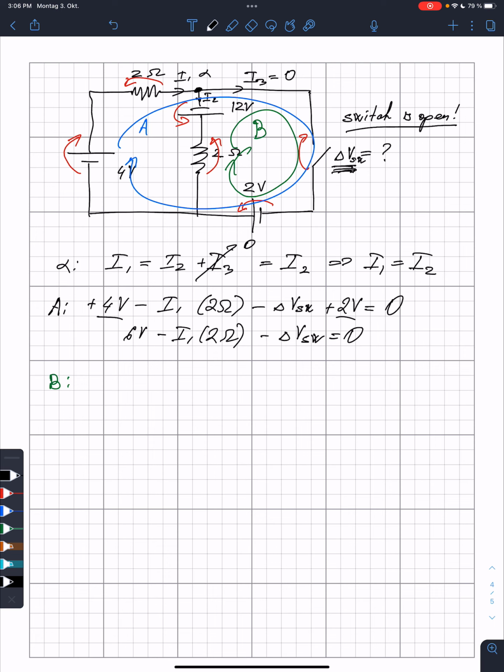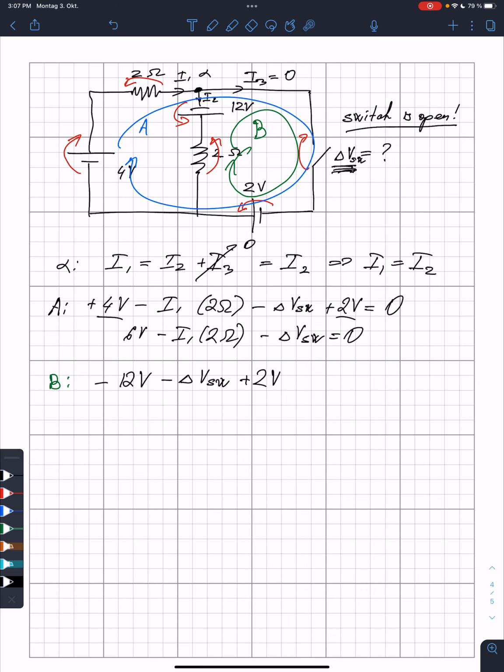Okay, I get minus 12 volts. This is when I go across this battery, right? The direction in which I go around the loop is opposite to the potential difference, so it's minus 12 volts. Then I go further, so it will be minus delta V switch. Then I go through the battery over here, which gives me plus 2 volts.